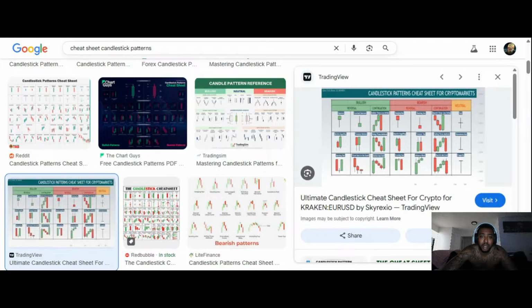Matter of fact, I know exactly how to do it. Just type in bullish candlesticks, and go to images, right? Wow, there we go.